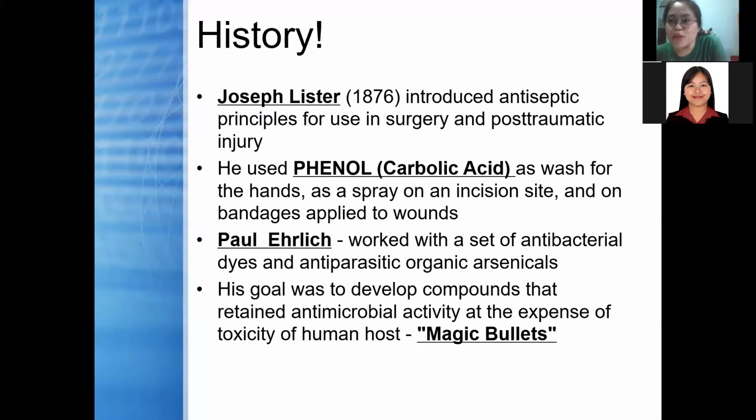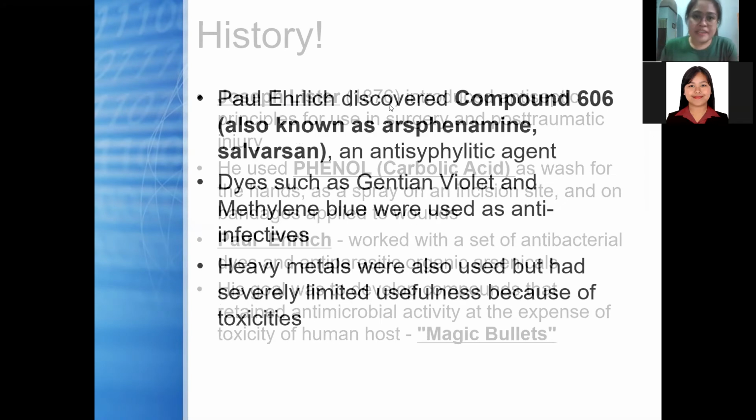Kasi di ba sa pharmacology atong principle, lahat ng mga chemicals, drugs natin, they have their own share of adverse effects and side effects. So, gusto niya kanang selective nga para lang jud siya sa microorganism and walay effect sa human host. He was looking for that thing. He called that magic bullet.